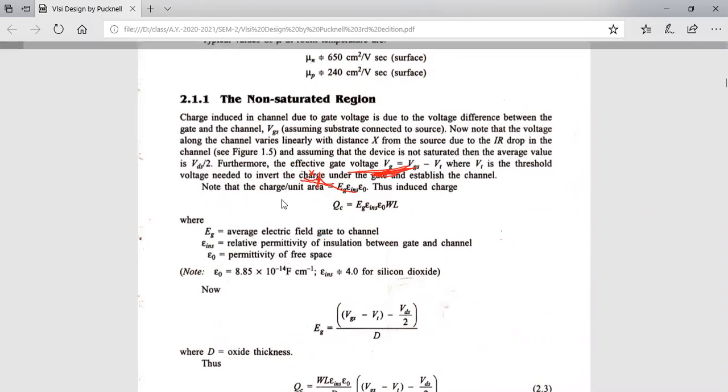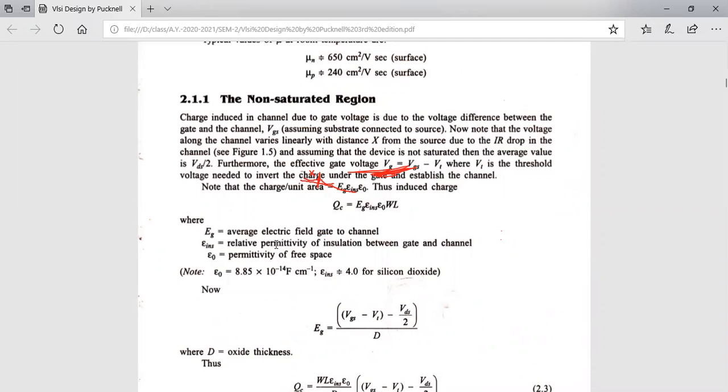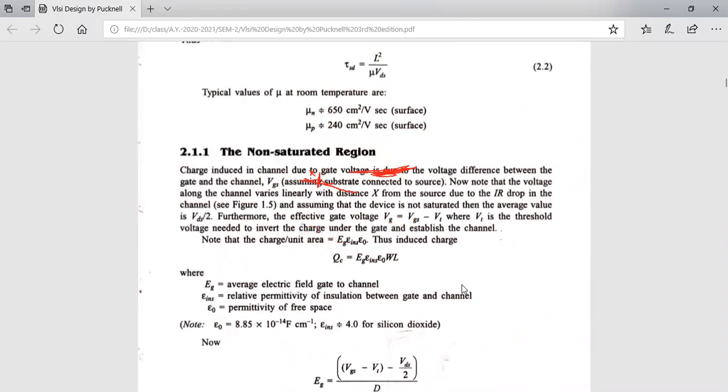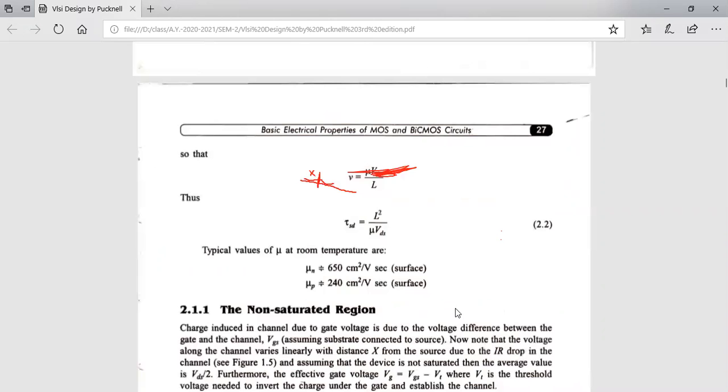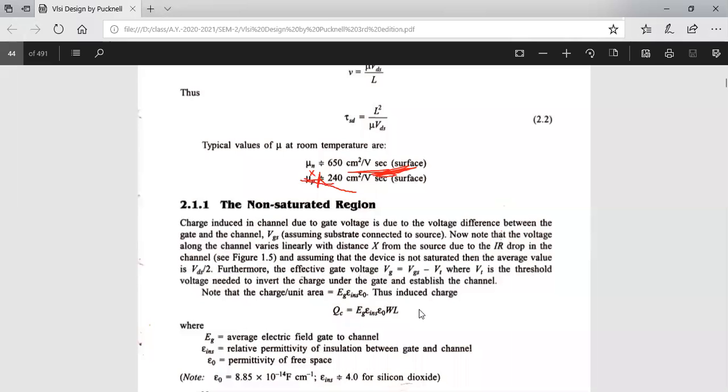Now you can just observe what we are doing. When we calculate the charge induced in the channel, we first get the value for QC, which is the charge per unit area.